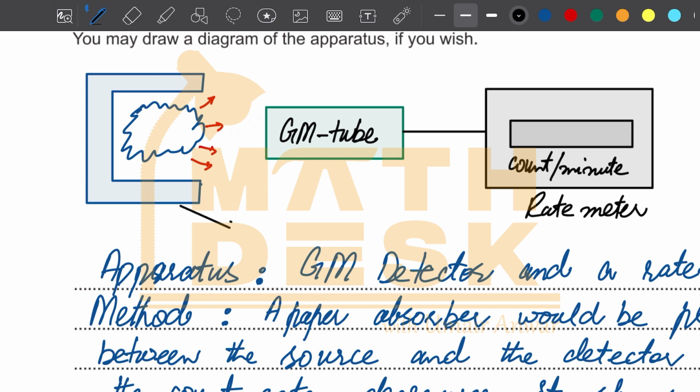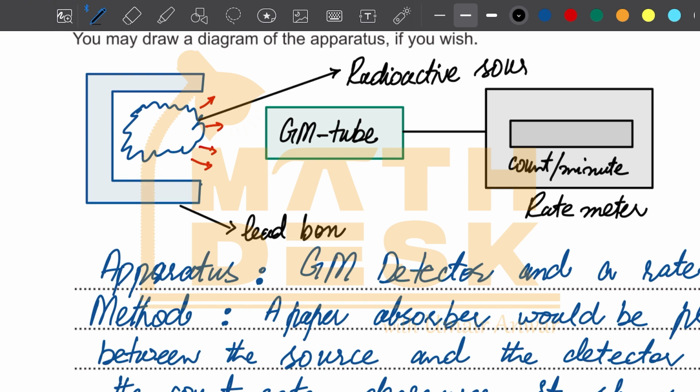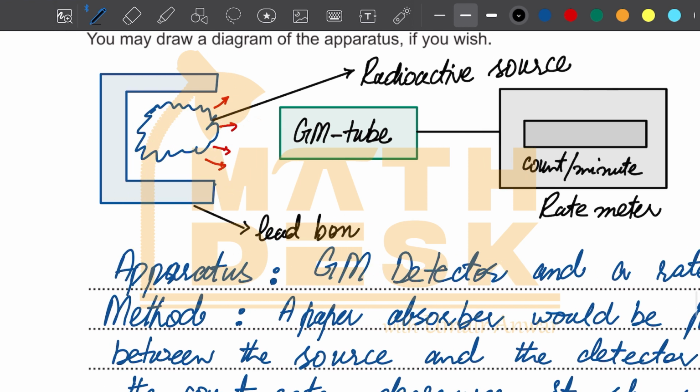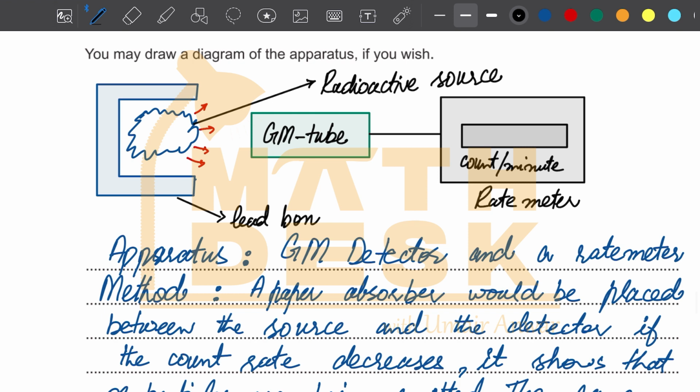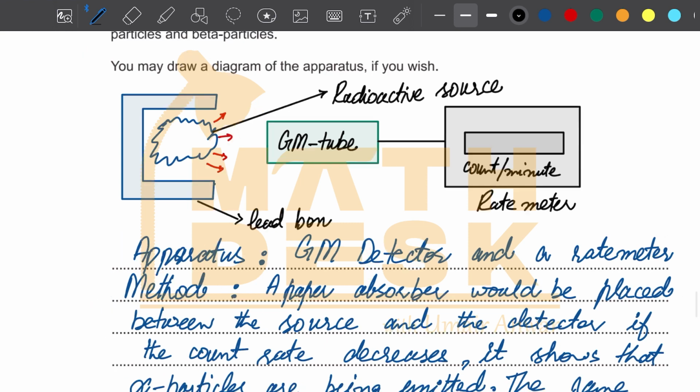So this is the GM tube, this is the rate meter. We have a lead box, and this is our radioactive source. This is an arrangement to investigate whether the radioactive substance is emitting alpha particles and beta particles or not.